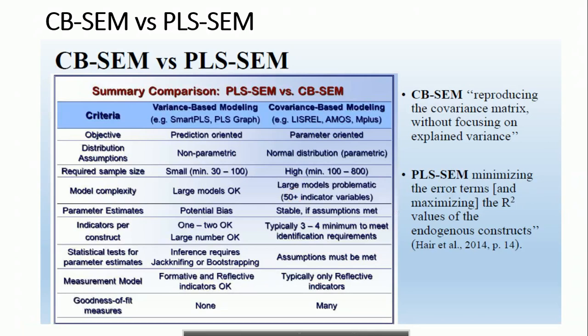So what is the difference between these two approaches? Basically, the first thing we need to notice is that CB-SEM is used when you are going to confirm a theory, and this requires a very strong theoretical justification in order to estimate your model.